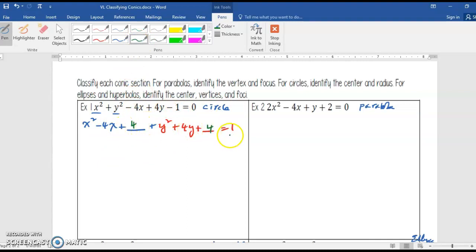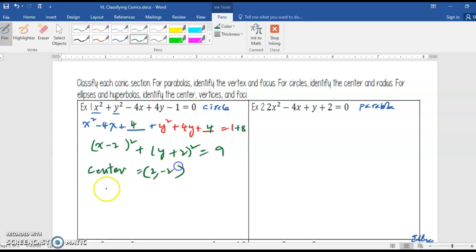So we are adding actually 8, 4 plus 4, 8. So here from the first group, you'll have x minus 2 squared. Here you'll have y plus 2 squared equals 9. So obviously the center is 2 and negative 2, and the radius is going to be 3 because 9 is a perfect square. So square root of 9 is 3.